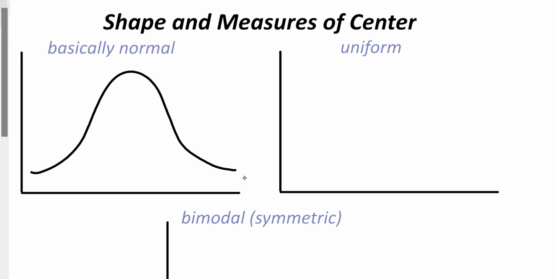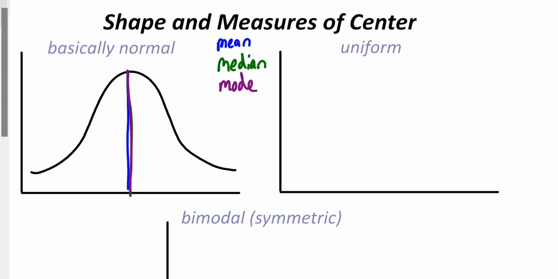For here, the mean, the median, and the mode will all essentially be in the same place. Okay, I am going to color them, but you might not have different colors. Mean, median, mode. They all fall right at the same spot if it's basically normal.